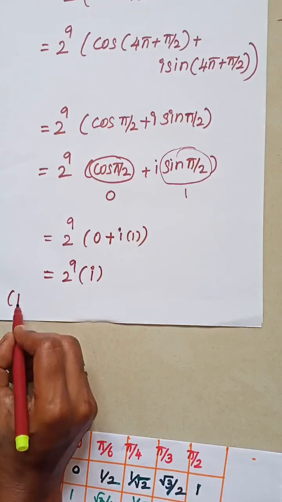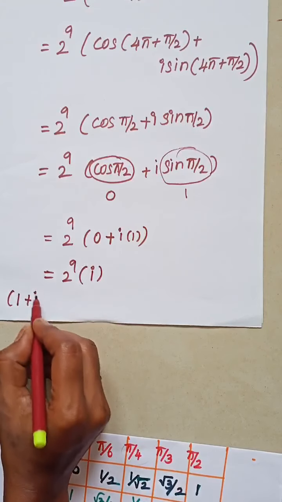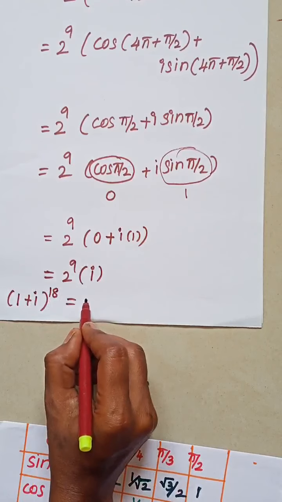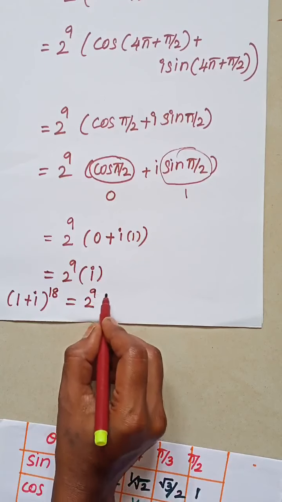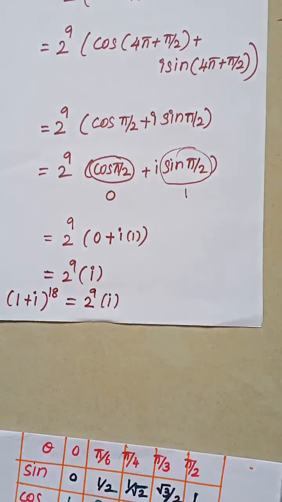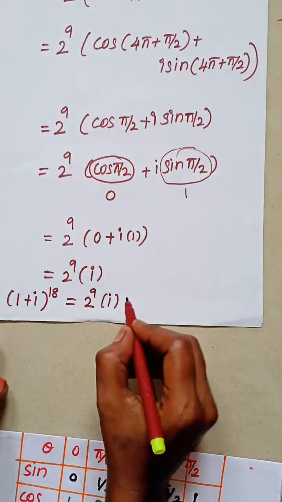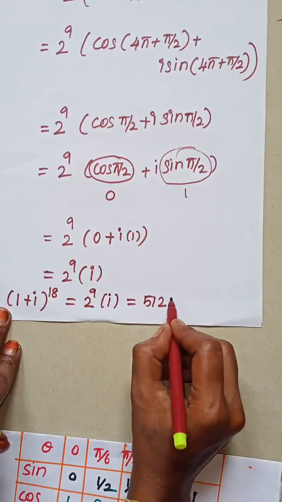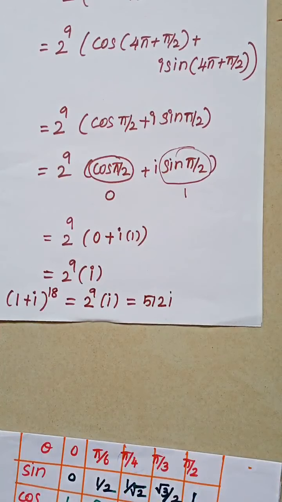What is the left hand side? (1 plus i) the whole power 18 is equal to 2 power 9 into i. 2 power 9 value is 512. Finally we got (1 plus i) the whole power 18 is equal to 512 i.